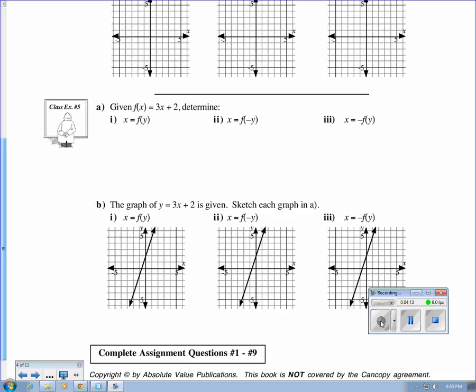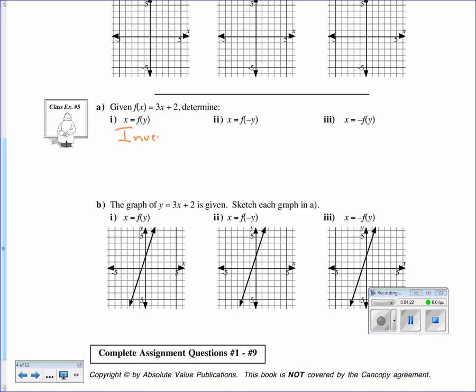And we'll finish up today with practicing our skills. So when I see x equals f(y), I'm noting that that has to be inverse. When I see x equals f(minus y), what is that saying? And then x equals minus f(y). These are some weird inverses.